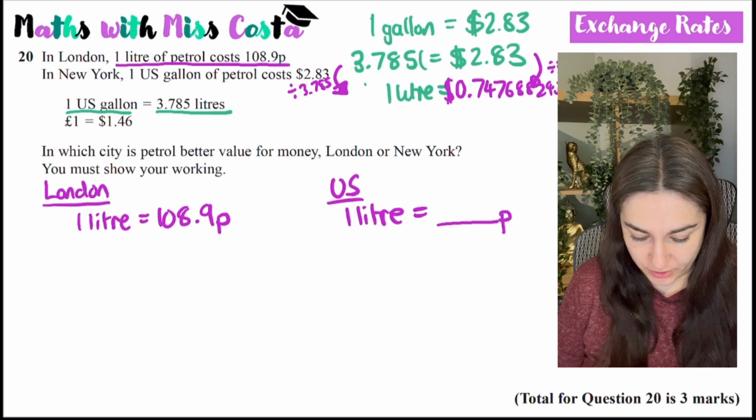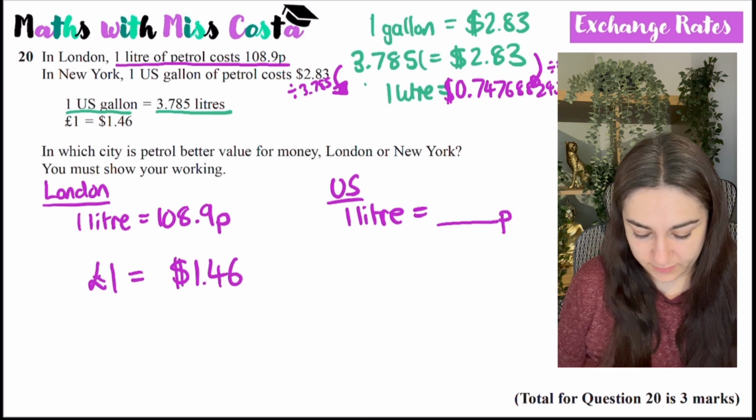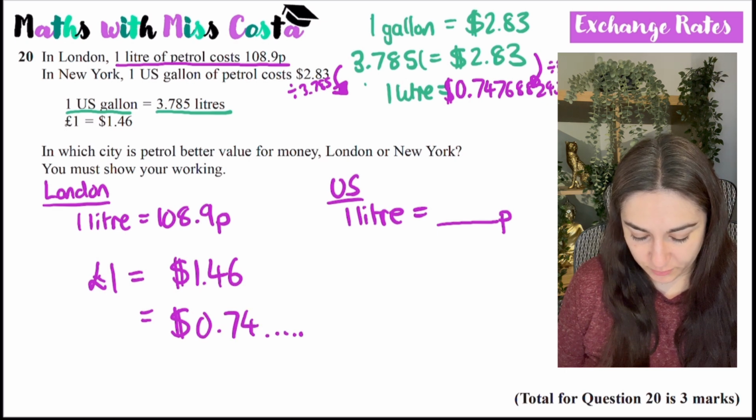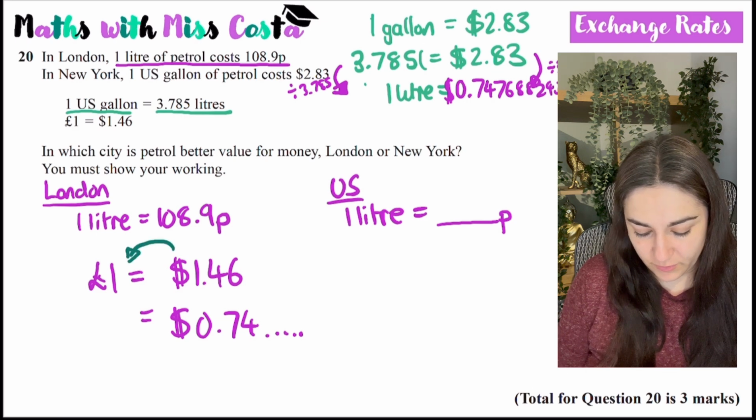So I know that £1 is equal to $1.46. I have 74 cents. I'm not going to write all of it out, it's saved on your calculator. So how do I get from dollars to pounds? I need to divide by 1.46.